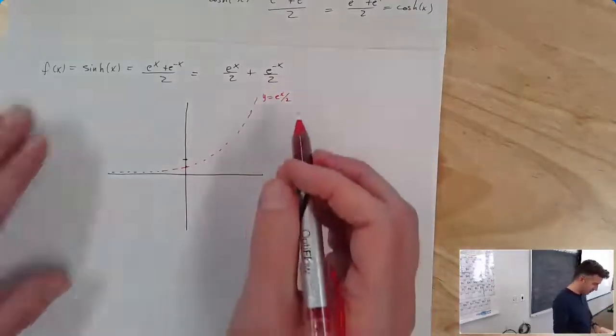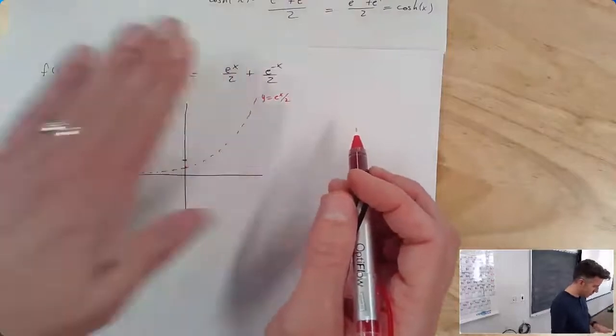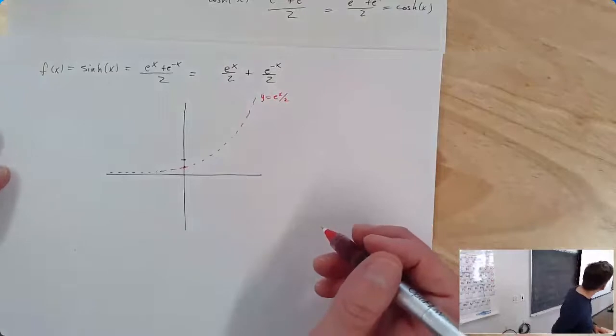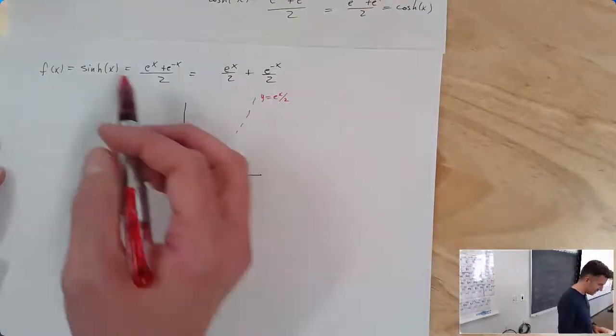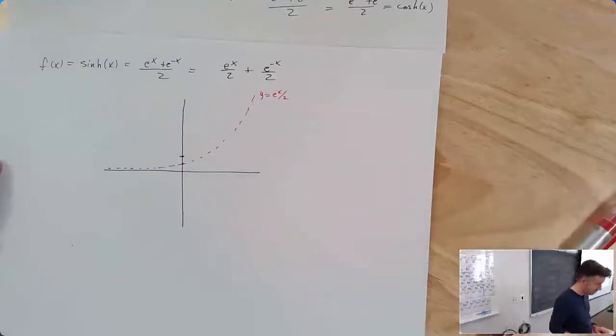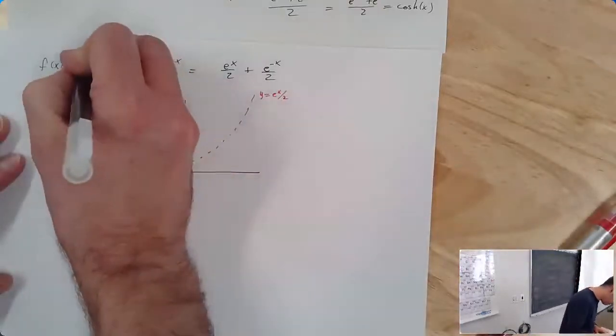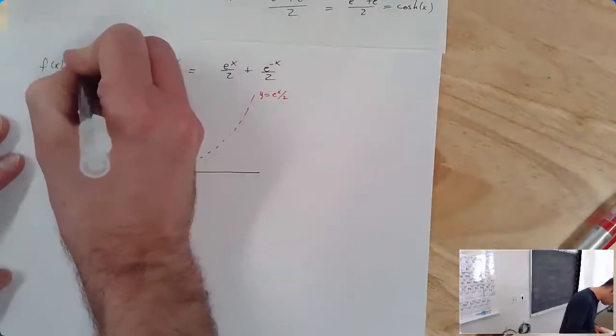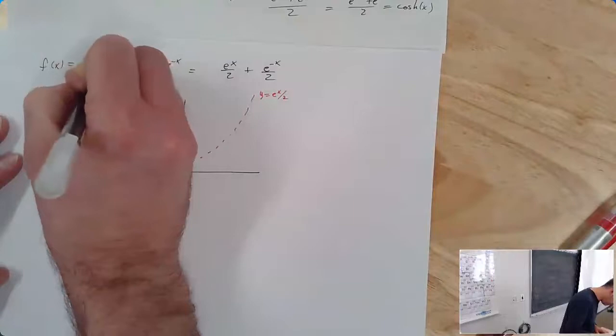And in a similar way, if I just graph e to the negative x over 2, oops, I blew it. I mean, it's fine, I can fix it, but that's not what hyperbolic sine is equal to. That's hyperbolic cosine. Let's just color over it here. It's terrible, I know. Forgive me.